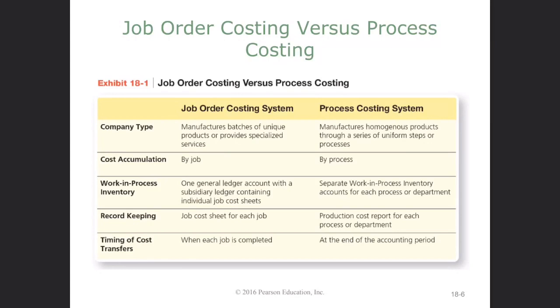For record keeping, job order costing systems normally use a job cost sheet for each job, and we saw an example of that in the last class as well. They can all look different, but basically it's a sheet of paper, or it could be a document, or an Excel file. These days, a lot of times it's a mixture of both. So you've got the sheet that's provided to the employee.